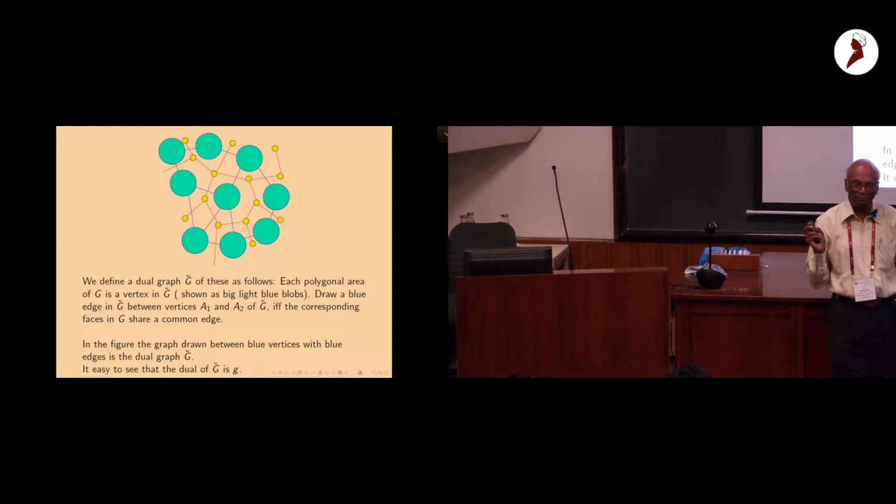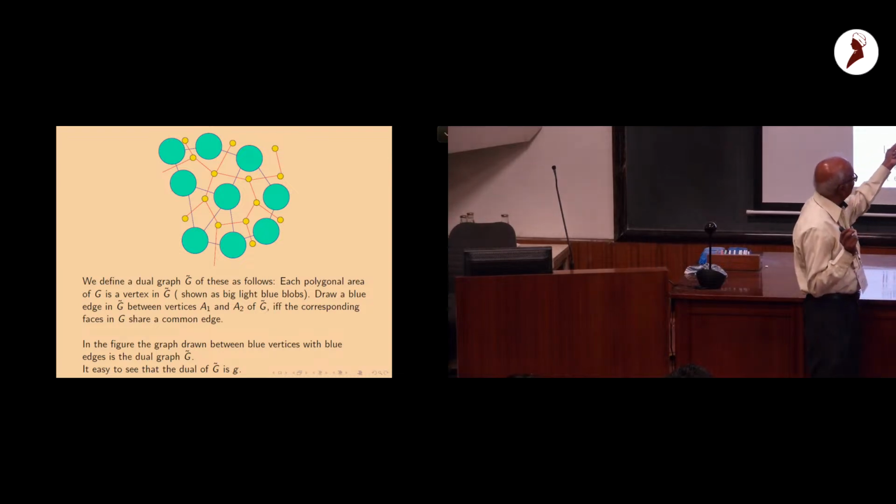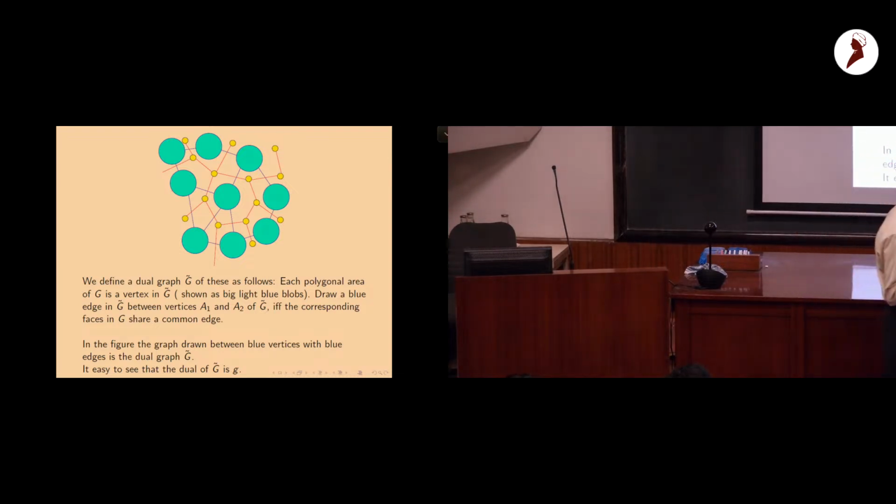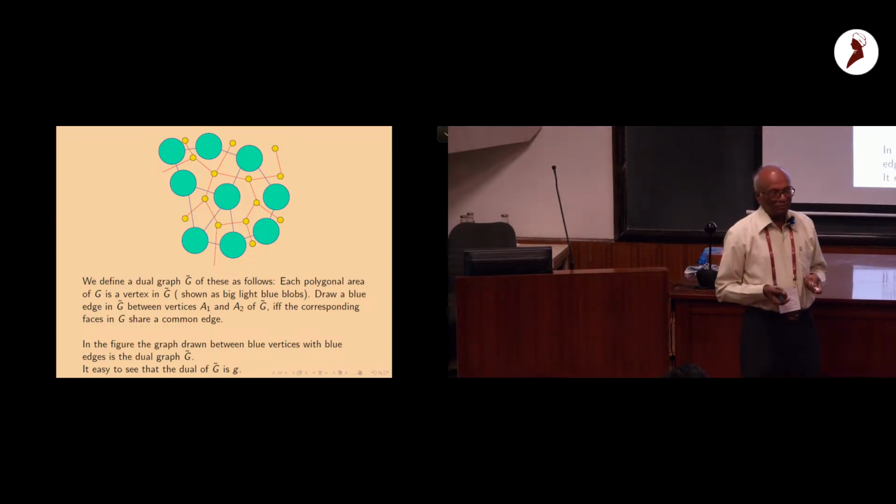I divide the space into polygons. But then I can draw these lines, and those lines have edges and vertices. Okay, so there are these things, faces and edges and vertices. But now I want to interchange their roles.